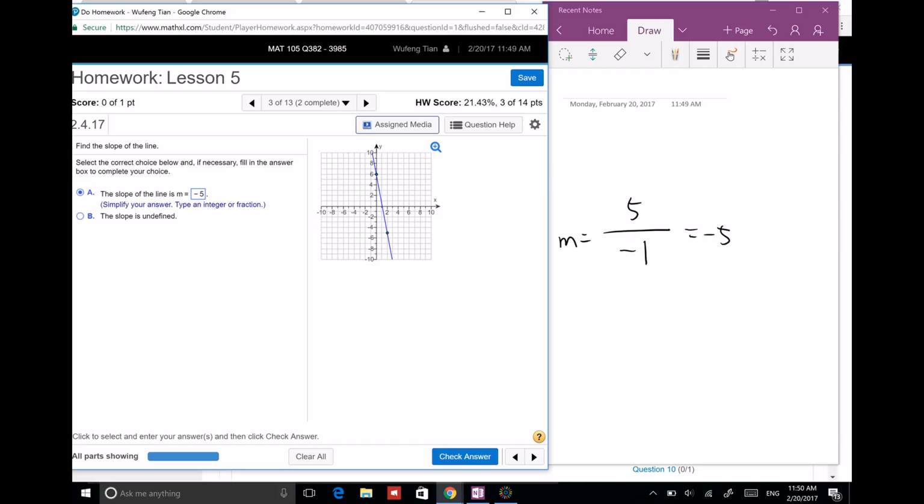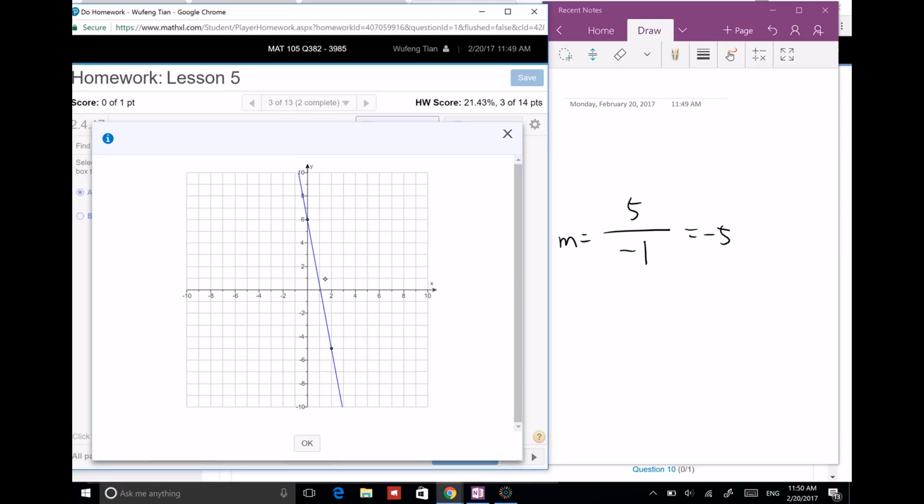Wait. Rise over run is 1, 2, 3, 4, 5. M equals... Let me double check. From here, I should do this: 1, 2, 3, 4, 5, 6, 7, 8, 9, 10, 11. 11 over negative 2.